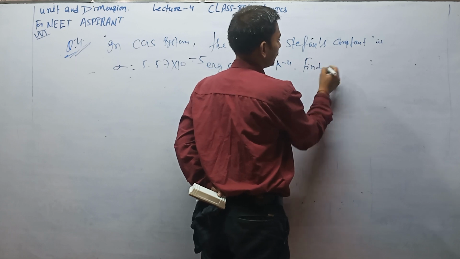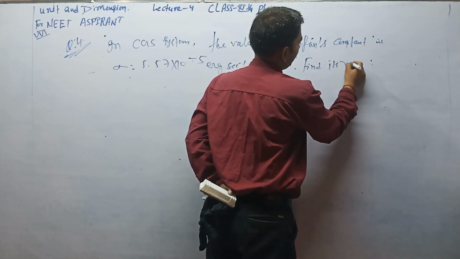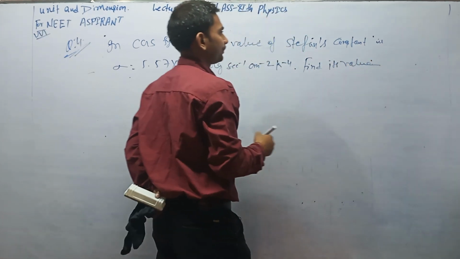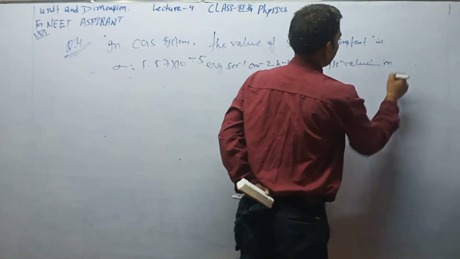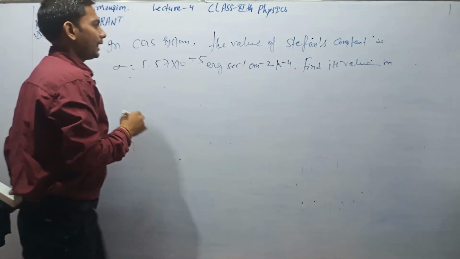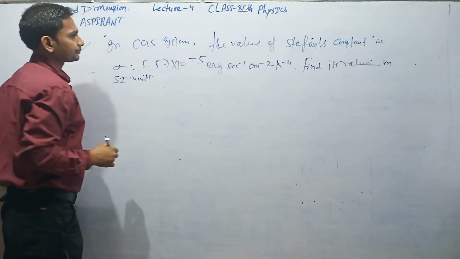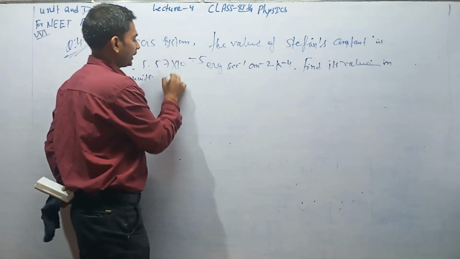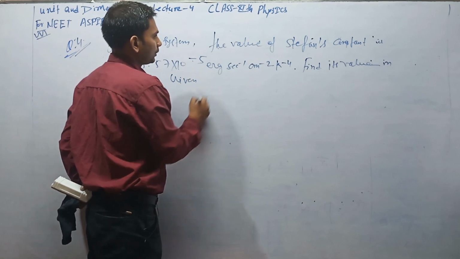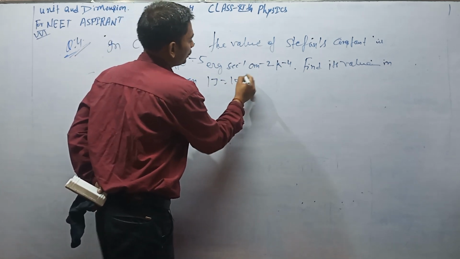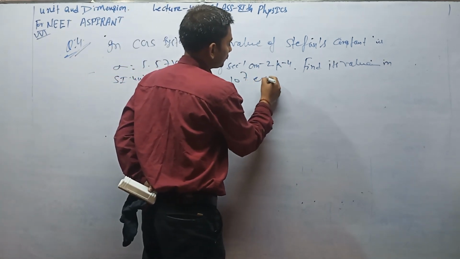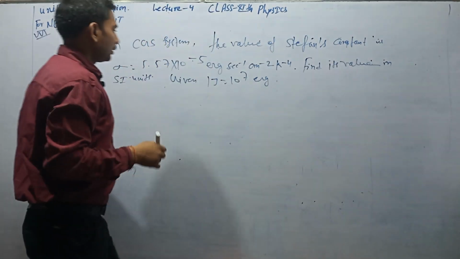Find its value in SI units, given 1 joule equals 10 to the 7 erg.